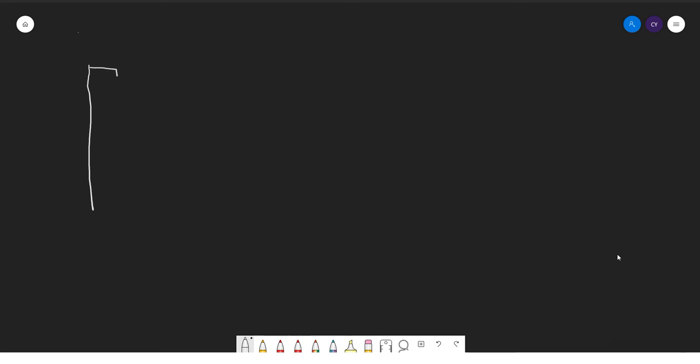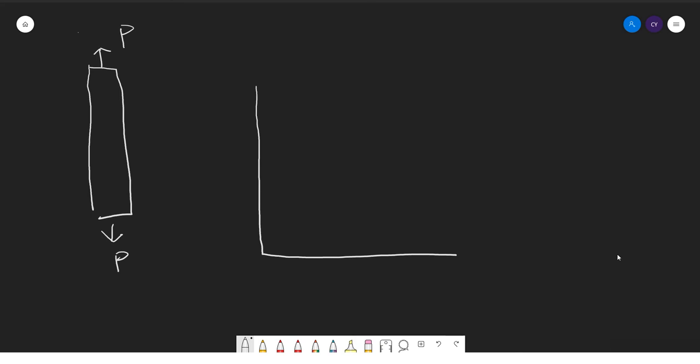This is a material. When we subject it to a load, this is the loading and this is the deformation, or you can also say this is the stress, or this is the strain.